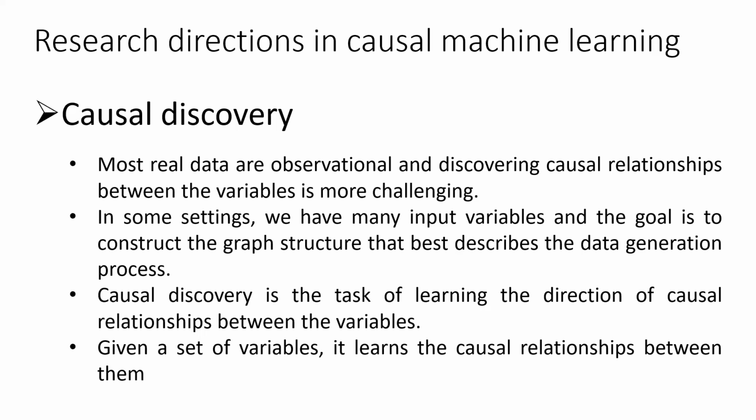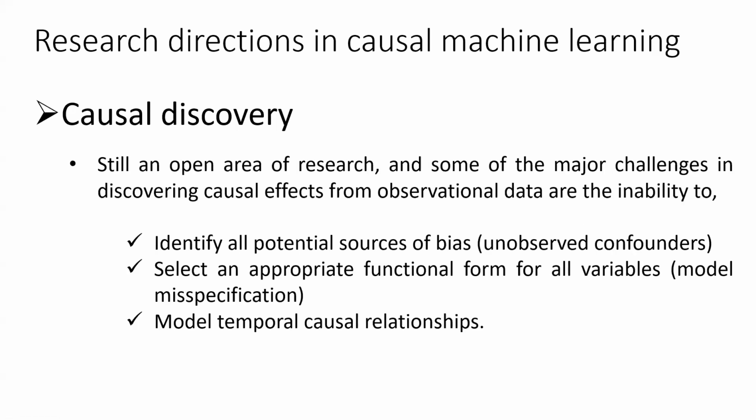We cannot consider all of the observational variables during causal discovery. So, given a set of variables, it learns the causal relationships between them. Causal discovery is still an open area of research, and some of the major challenges in discovering causal effects from observational data are the inability to identify all potential sources of bias, to select an appropriate functional form for all variables, and also to model temporal causal relationships.